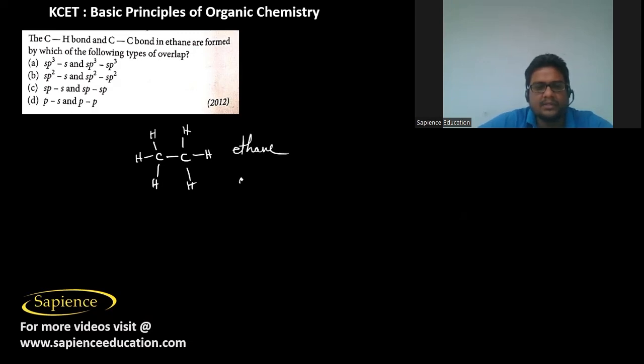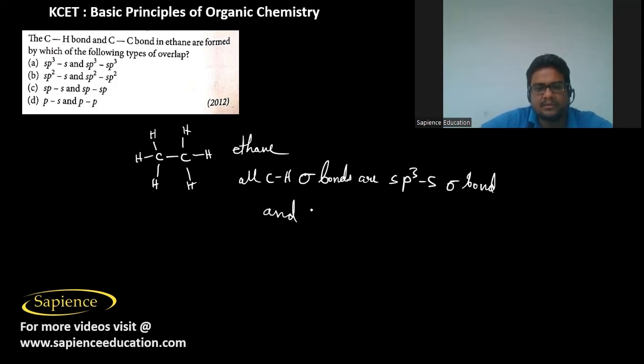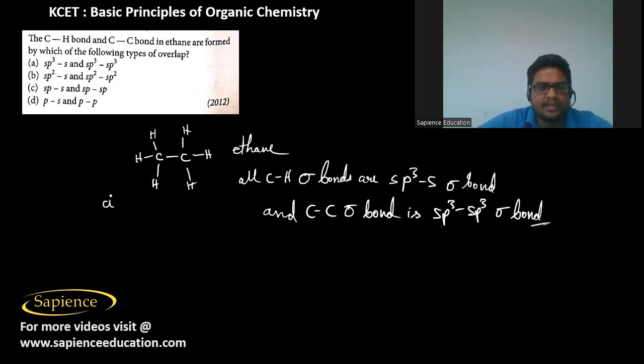Here all the C-H bonds are sigma bonds, and all these C-H sigma bonds are sp3-s sigma bonds, and the carbon-carbon bond is an sp3-sp3 sigma bond. Option A is the correct answer.